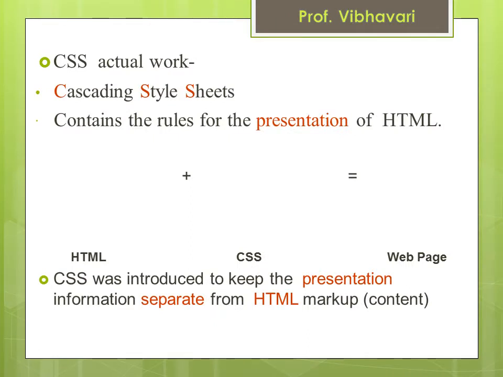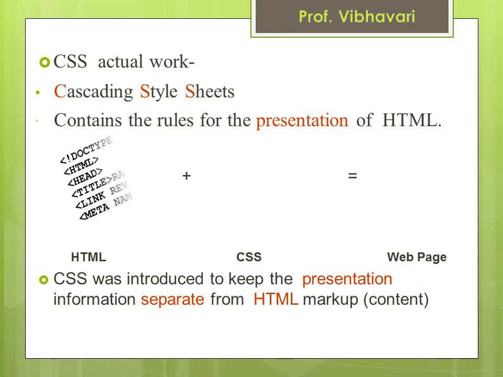How does the CSS actually work? As you know, CSS is cascading style sheets. It contains the rules for the presentation of the HTML. So that means there should be the HTML code.